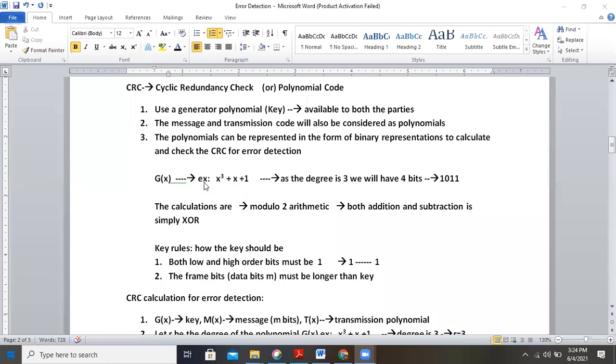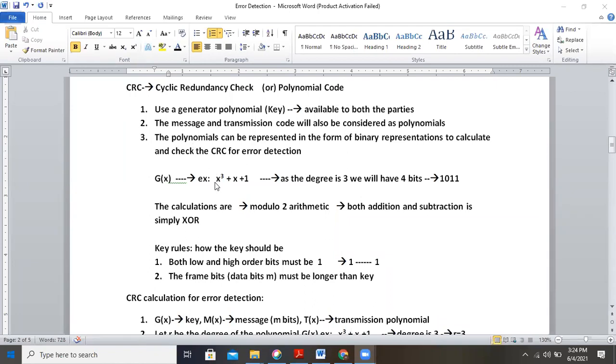We do not have a, b, c as different values. We can have a as 1 or 0, b as 1 or 0, c as 1 or 0. So the constants must be either 1 or 0. In that way only we use the polynomial, right?